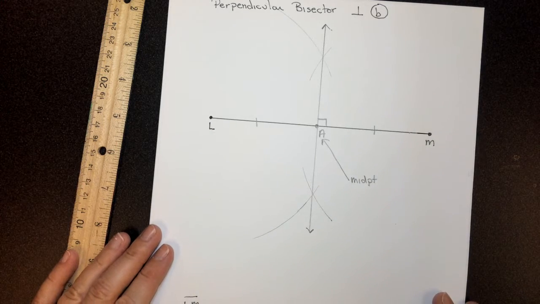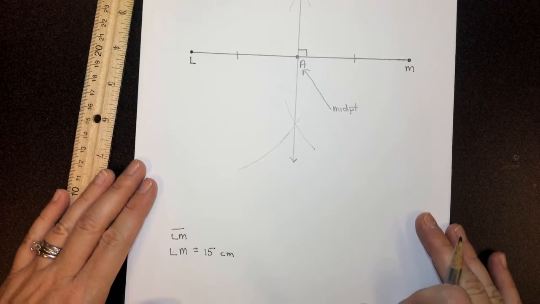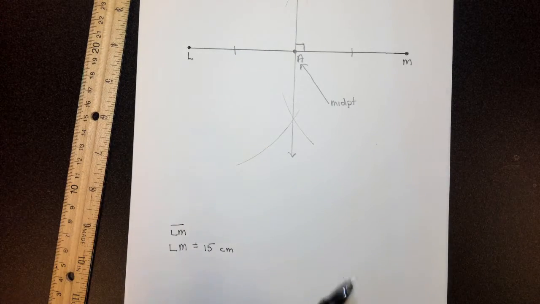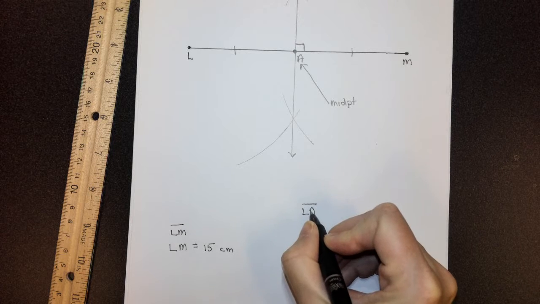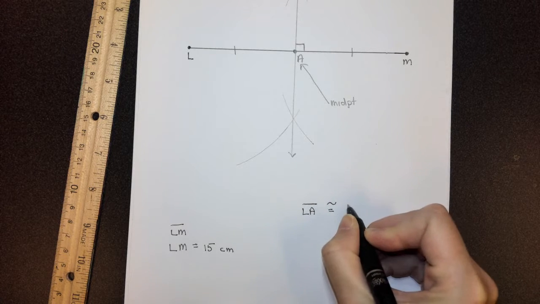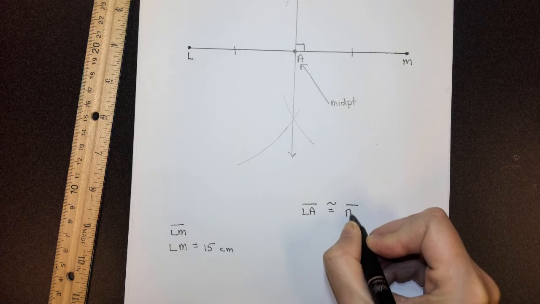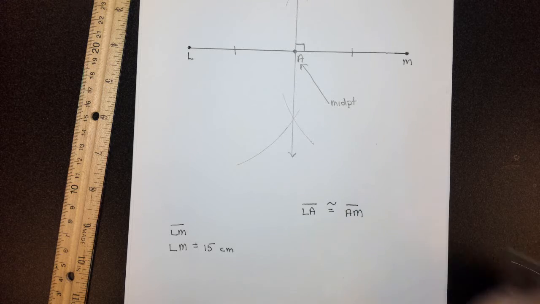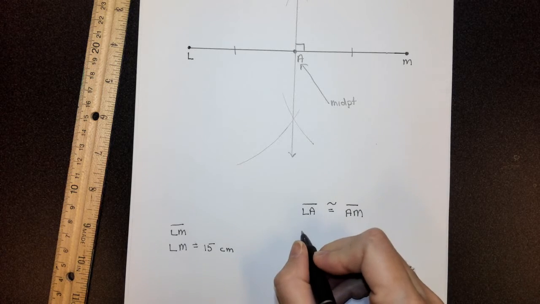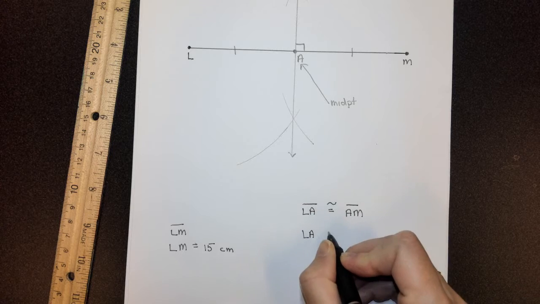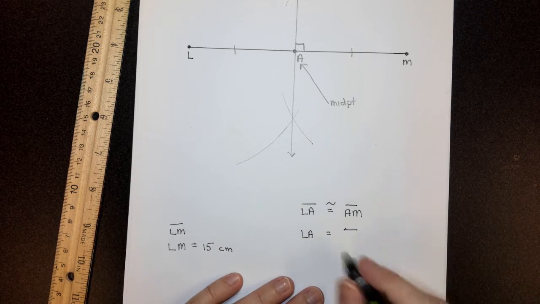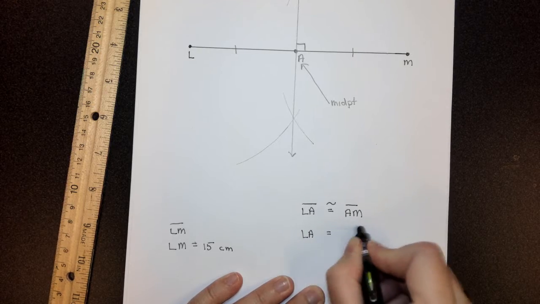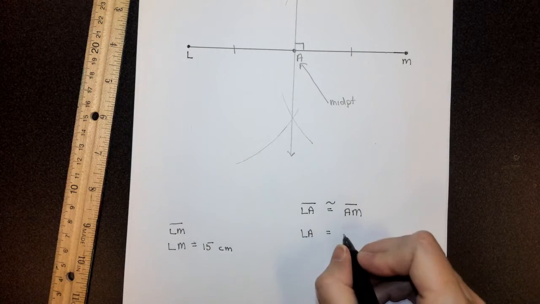I know it's a midpoint because I have these two things here, but just so I remember later what it's also called. So some statements I can write from here are the following. I know that segment LA is congruent to segment AM. I know the length of LA should be equal to the length of AM.